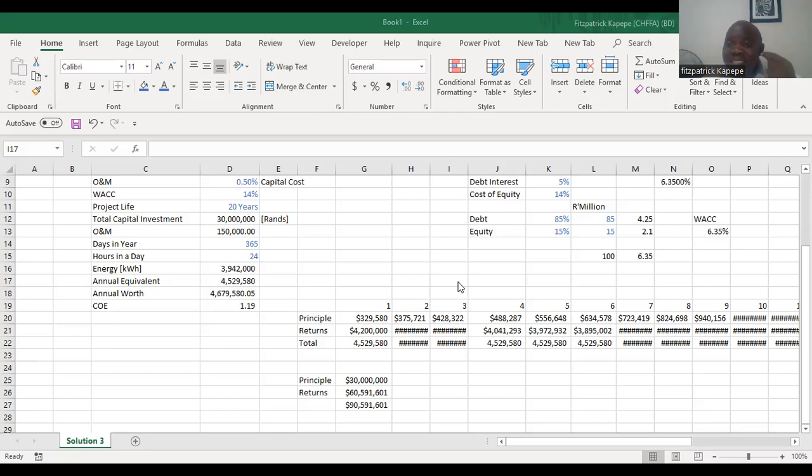Remember that this is just for your minimum, because the LCOE is a tariff that is able to give you a return. That is able to cover the costs, O&M costs. That is able to cover any financing that you have had, and this is why you use your work.